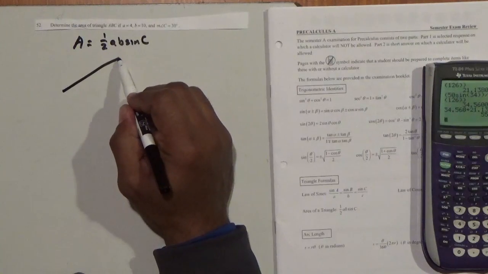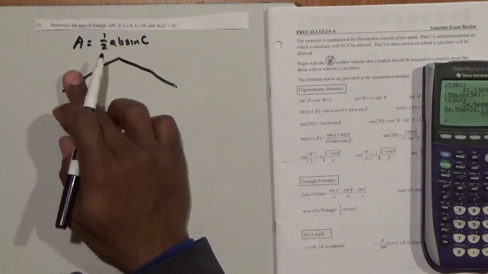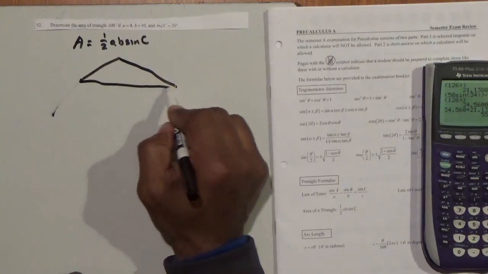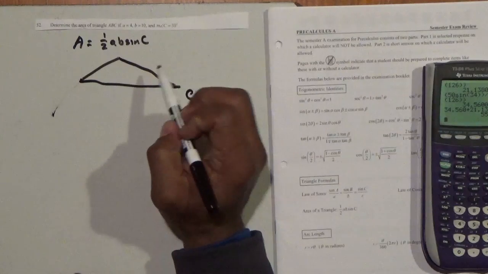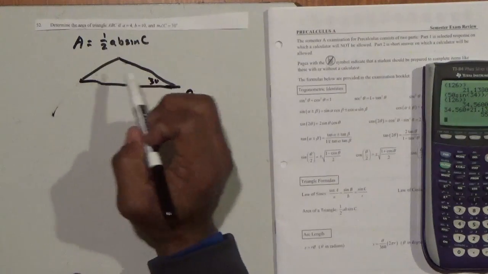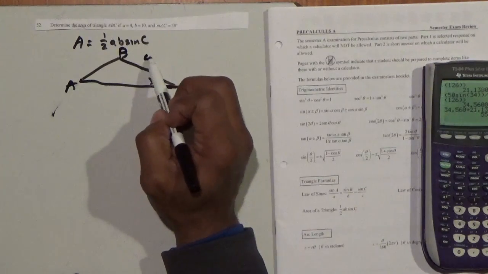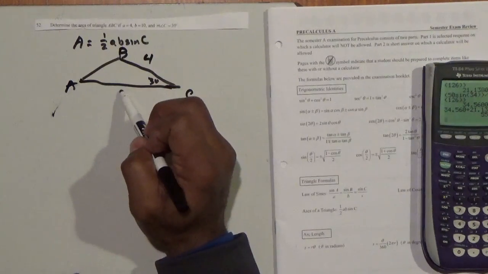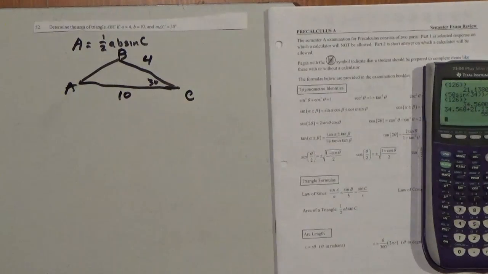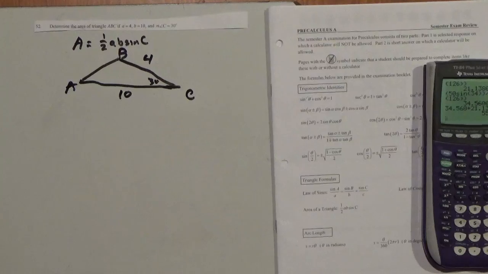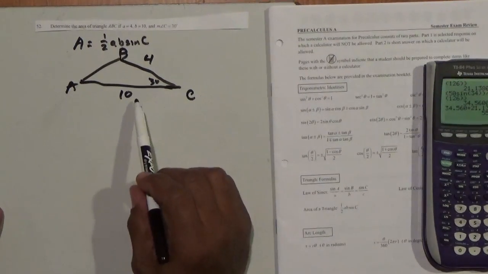We could draw the triangle if you want. So here we go. Say that's C, and that's 30. Make that A and B, and so this is 4, and B is 10. It's sort of like a side angle side, but we're finding the area, and we just want to plug the formula in.